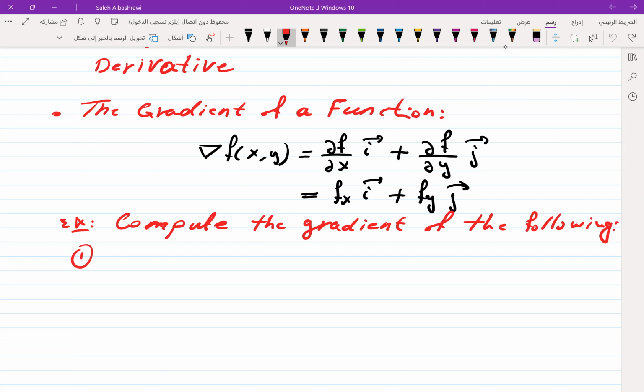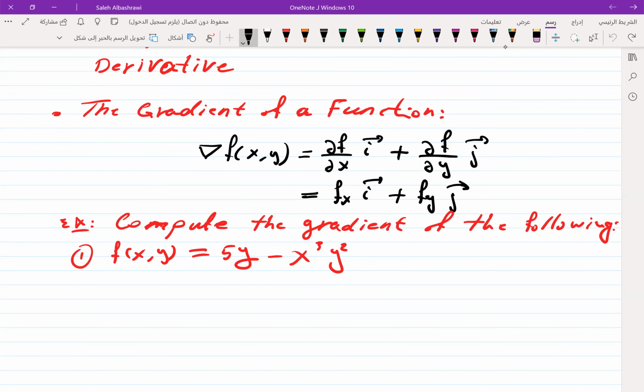Number 1: f of x, y equals 5y minus x to the power 3 y squared. Let's find the gradient of this function.